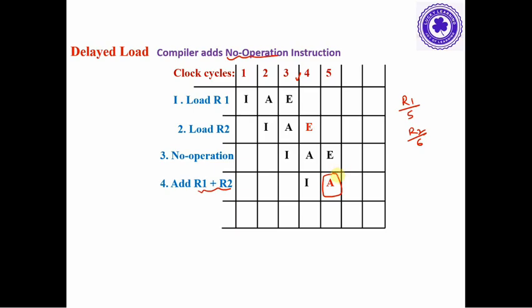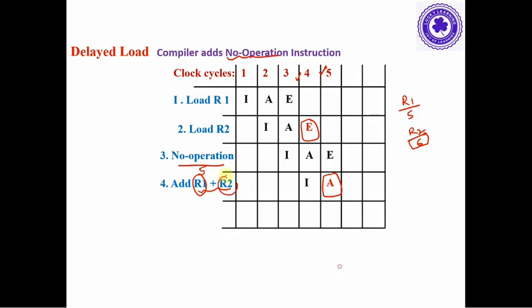Now, previously, the E segment and A segment happened in the same clock cycle. It resulted in incorrect results. Now, because a no operation is inserted, it requires the value of R1, that is 5, plus the value of R2, because R2 already has the value 6, available at the end of the fourth clock cycle.